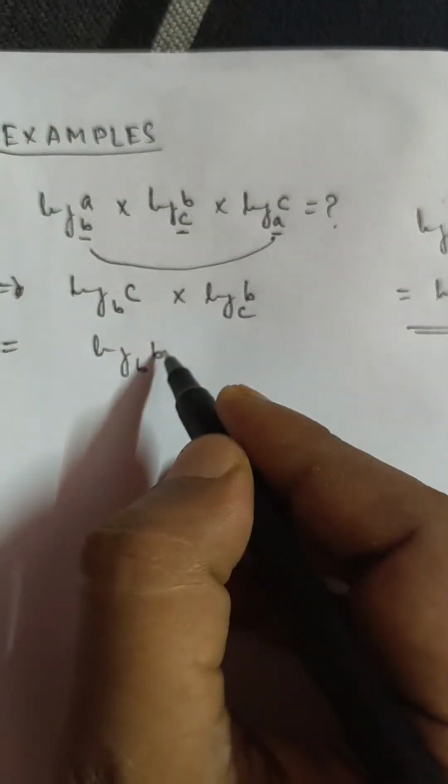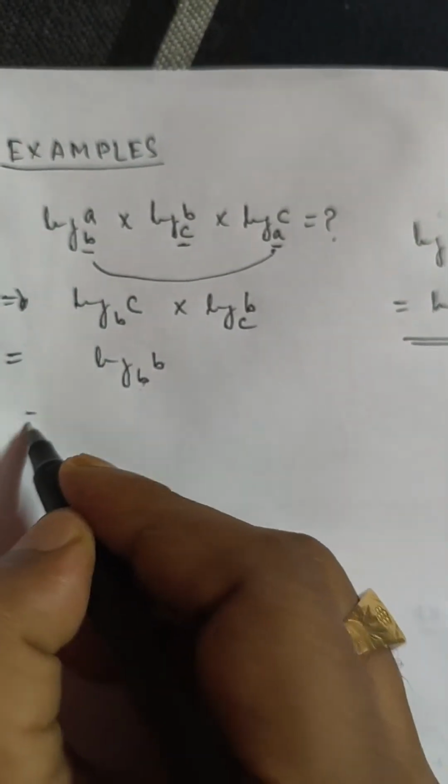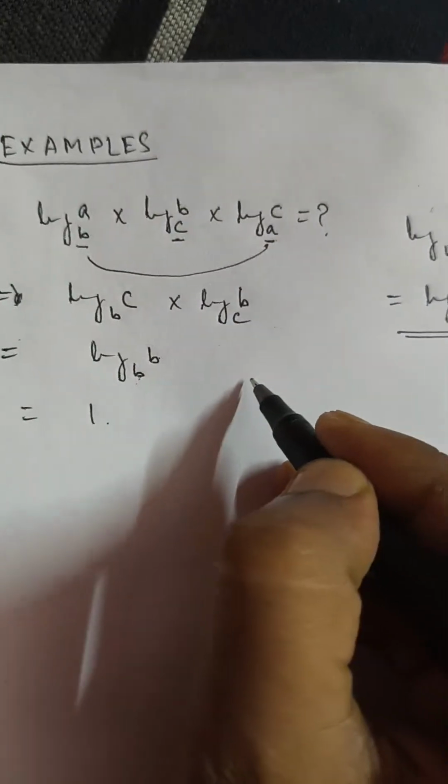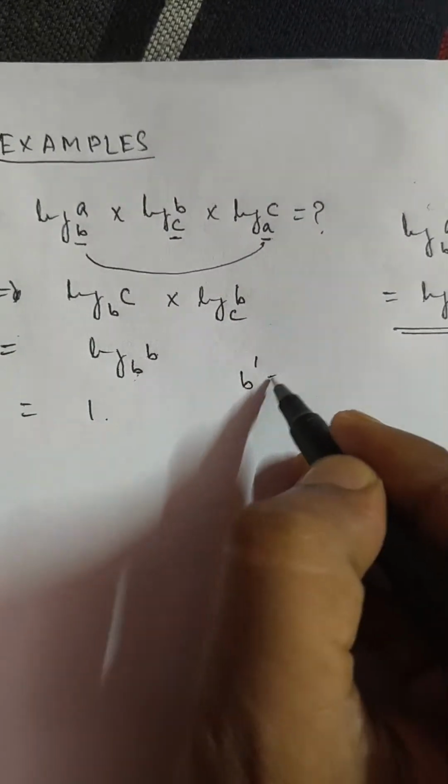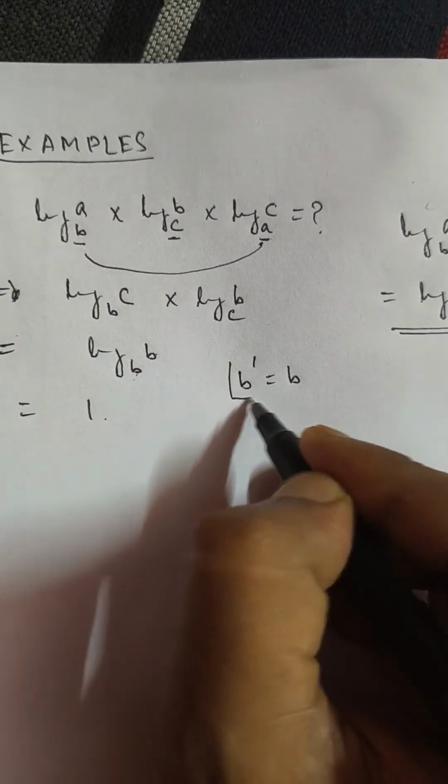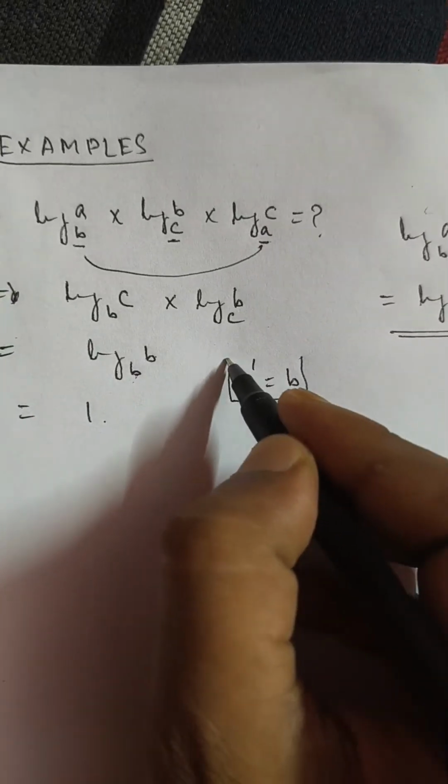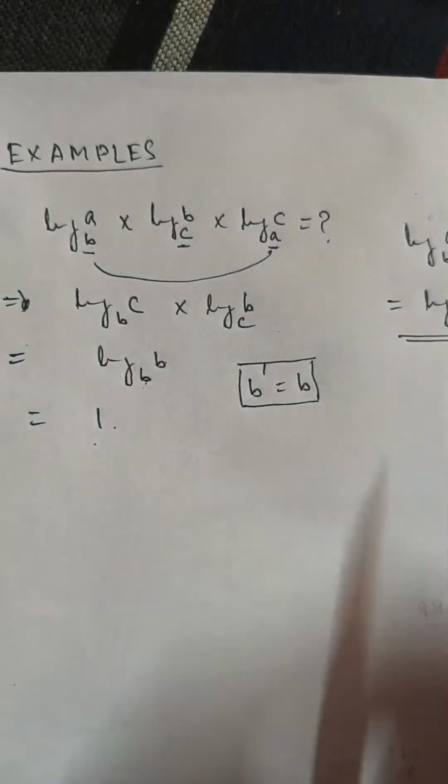Now if both are equal, then we will get this value is 1, since we know that b to the power 1 is equal to b, that's why this is equal to 1.